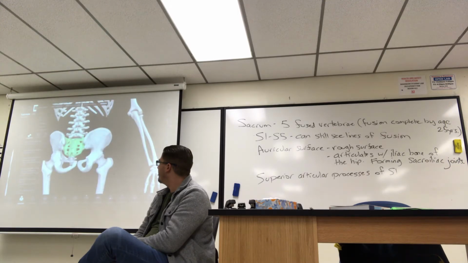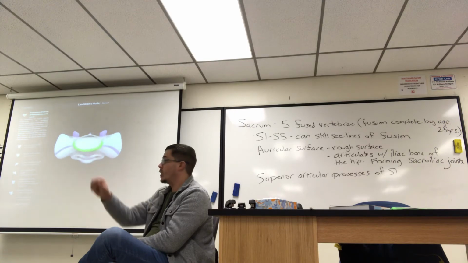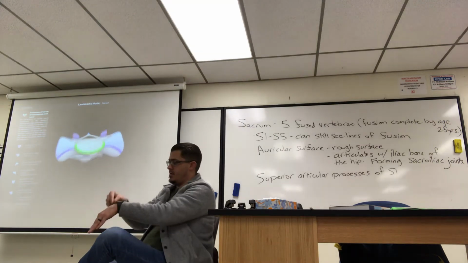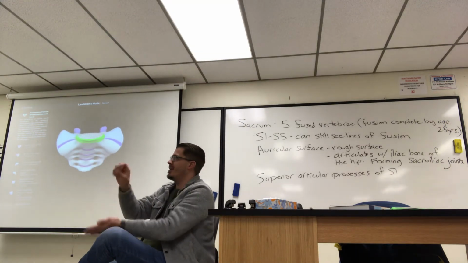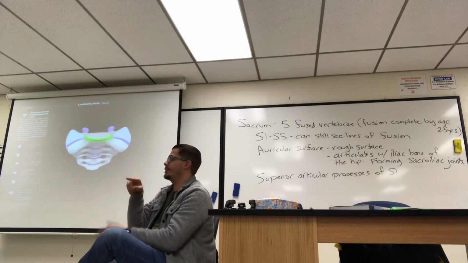Go to landmarks. No, not that one. This one. So it's highlighted in green. That front edge of S1 is called the sacral promontory. It's a landmark for obstetricians.